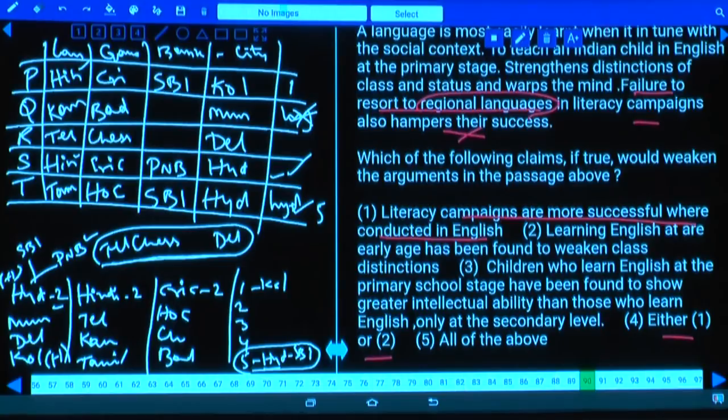It hampers their success. That means it won't be that much successful. And that is the first one. If the first one is true, then what happened to the third one? Second one, learning English at an early stage has been found to weaken class distinctions. It is not weakening. Hence these two are either of these two cases. Either the first one can or the second one can.